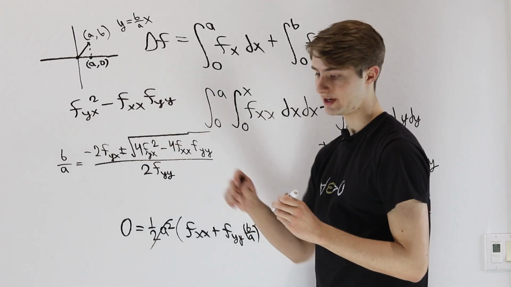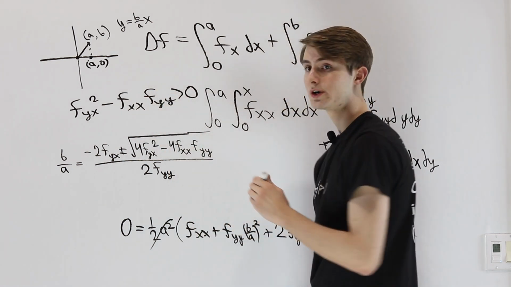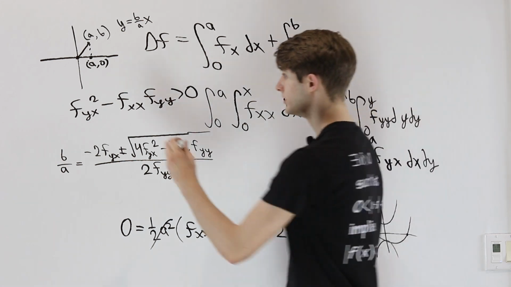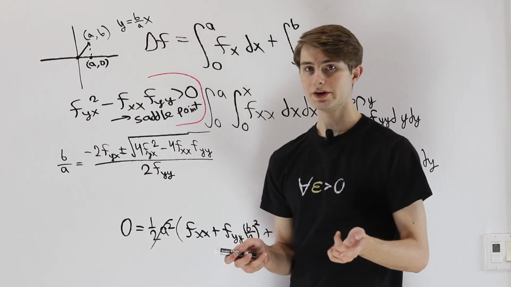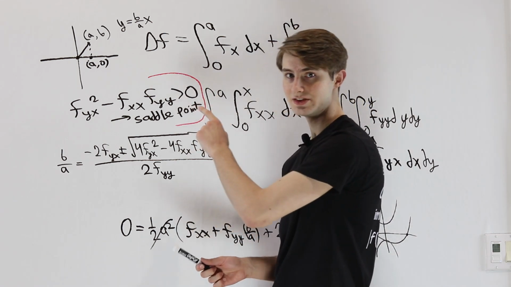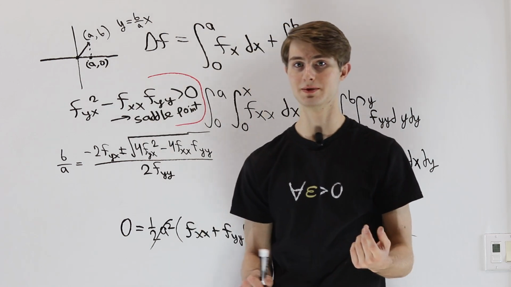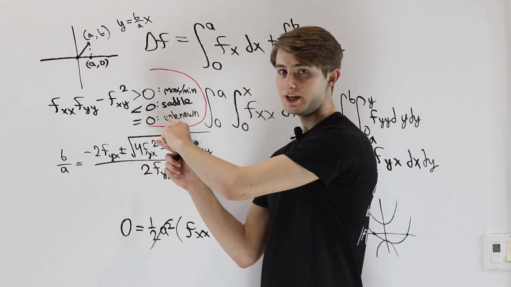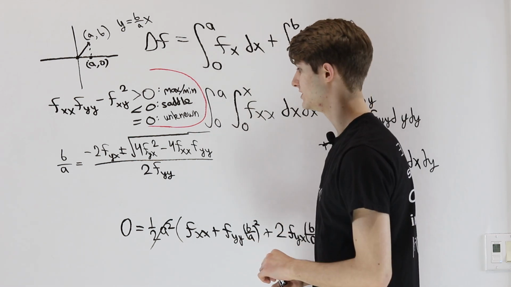If we look at this value, if it is greater than 0, then we're going to have two different roots, which means it is a saddle point. And on the other hand, if this is less than 0, then we're going to get a local maximum or a local minimum. So this final statement here is how most textbooks will write the second partial derivative test.